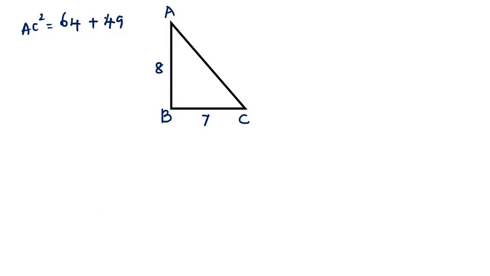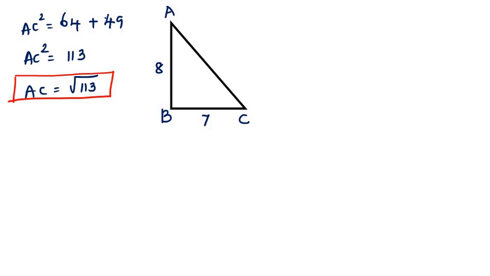The sum of these two values gives AC square is equal to 113. We want only AC, right? AC is equal to square root of 113.